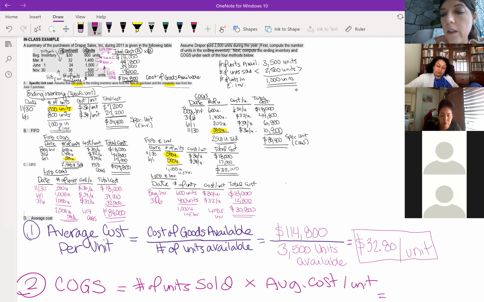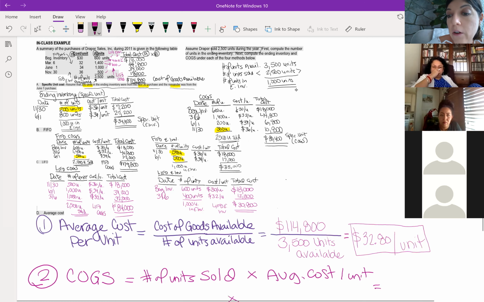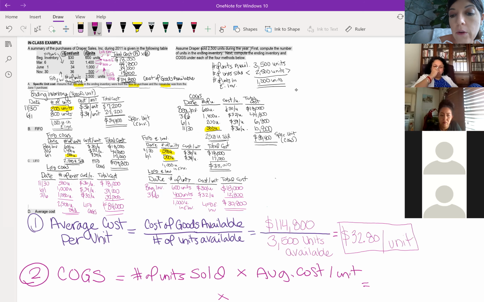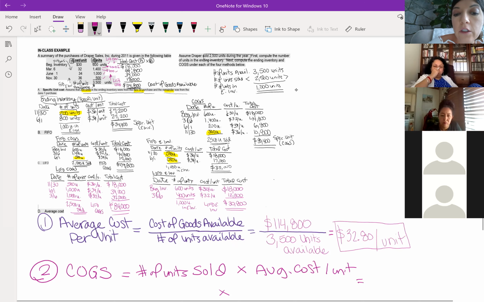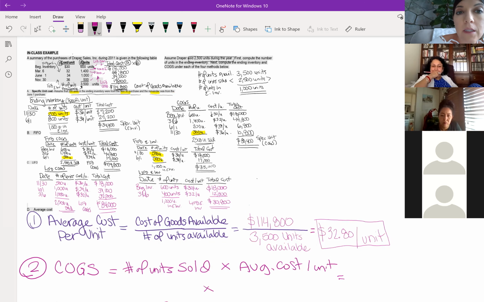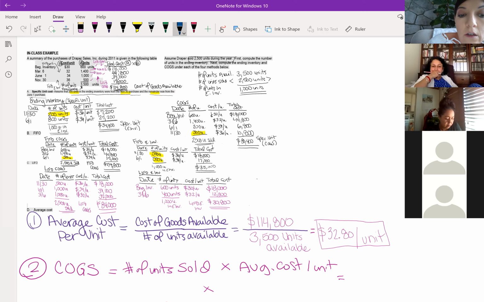So as soon as you see that $32.80 per unit, you know you're not done. You know you have some extra steps, because if you compare that to what you're calculating for cost of goods sold or for ending inventory, it's way off from the other methods. So after you calculate your average cost per unit for cost of goods sold, you're going to multiply it times the number of units sold.